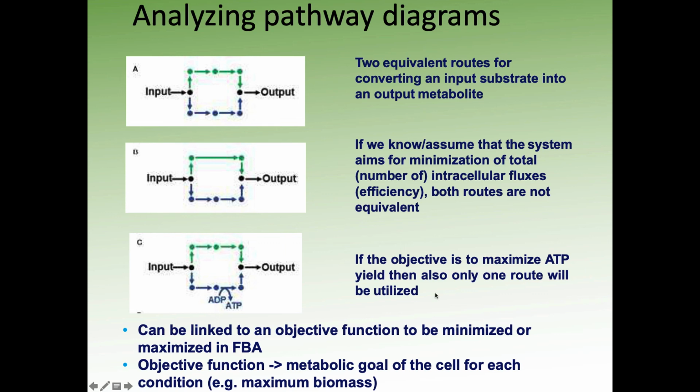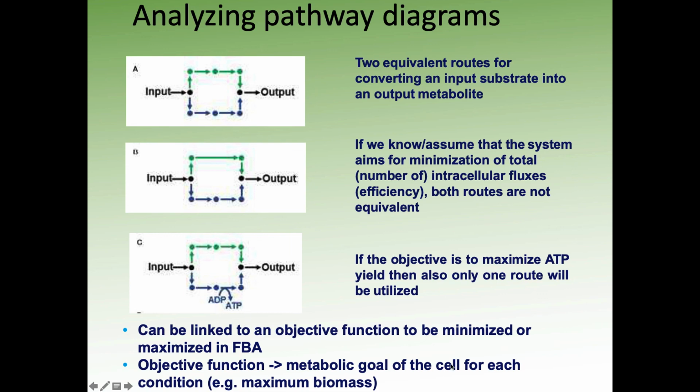But we can assume that, in actuality, each of these two different pathways are not truly equivalent. Thus, if our objective is to maximize the amount of ATP being yielded, and we know that there's only one route that can generate ATP, we can link an objective function to this process that's either going to maximize or minimize the outcome that we want to have occur. So in this case, we're trying to maximize the output of ATP.